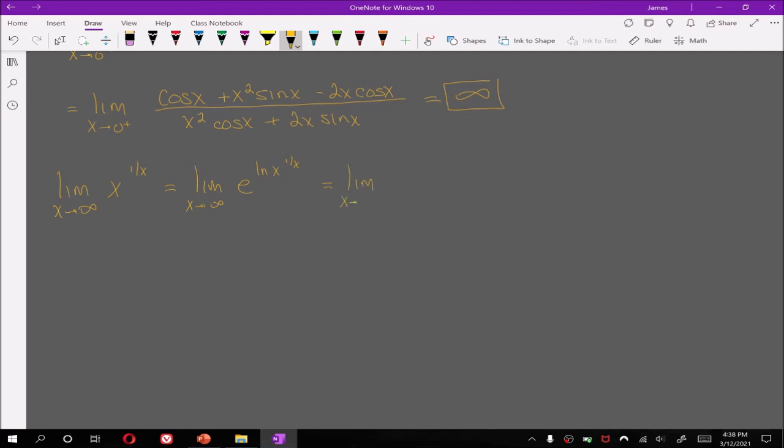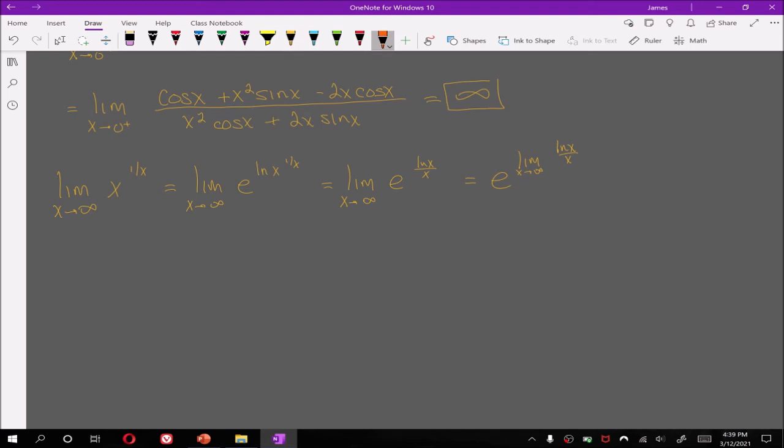That is the limit as x approaches infinity of e to the log of x over x. Now using the composition rule and continuity, this becomes e to the limit of log of x over x.